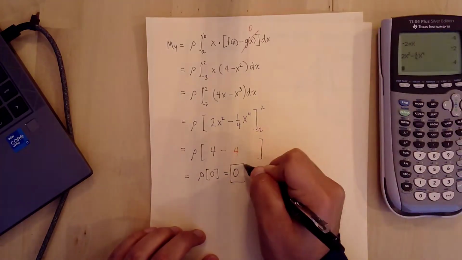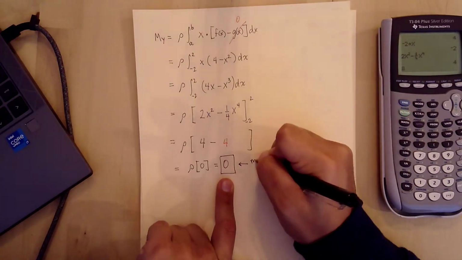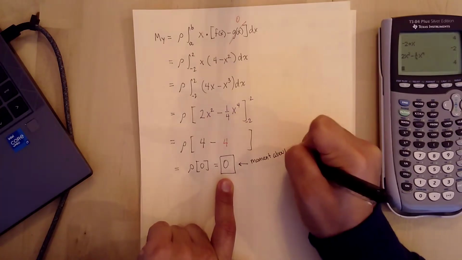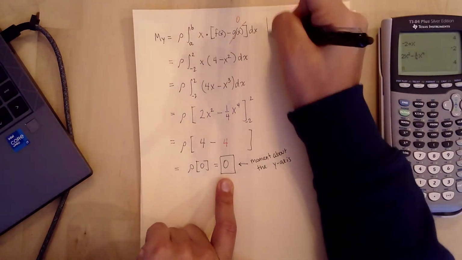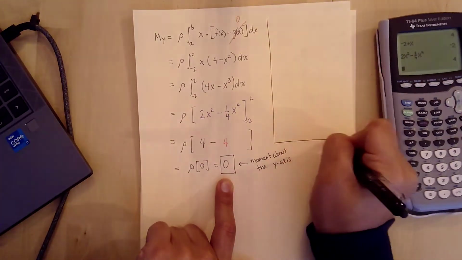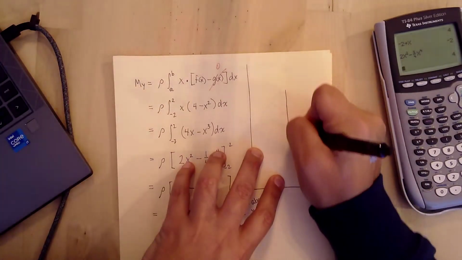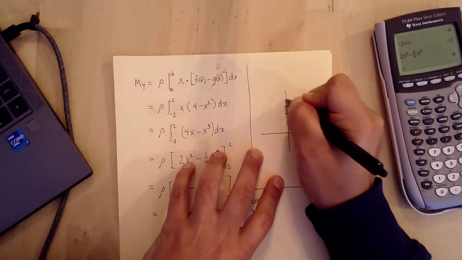Now I paused for a moment because it kind of seems weird that this is going to be the moment about the y-axis. But I want you guys to think about something for a second. I'm going to draw the picture of this function again, right? Here's our function. 1, 2, 3, 4.